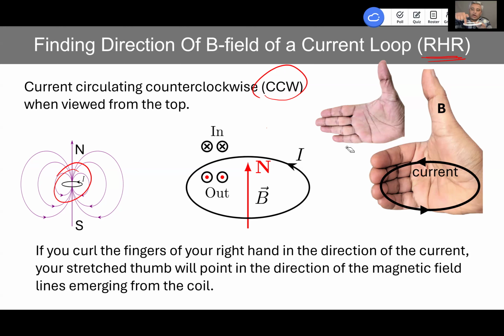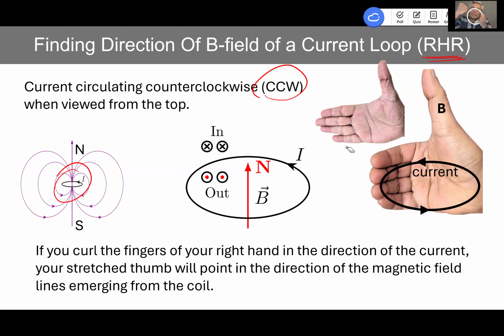Now, if I were to go the other way around, let's say clockwise, then how do I orient my hand? I need to flip my hand, and now the thumb has to go down, right? So if current is going clockwise, then it's going to be down in this case. And when current is going counterclockwise in this particular case, it's going to be up. Now if it is in a vertical plane, we can do the same thing.